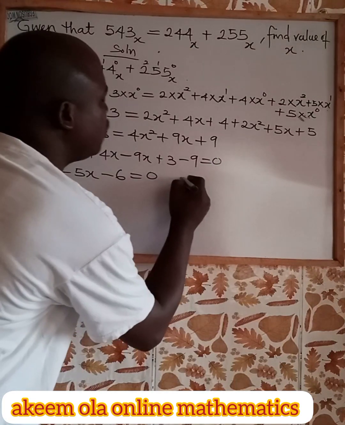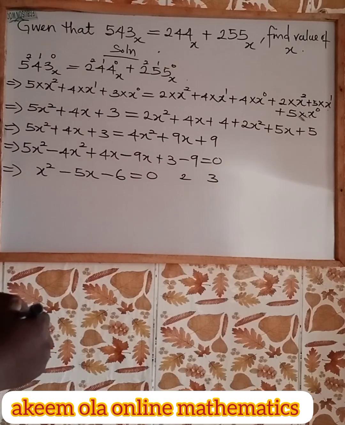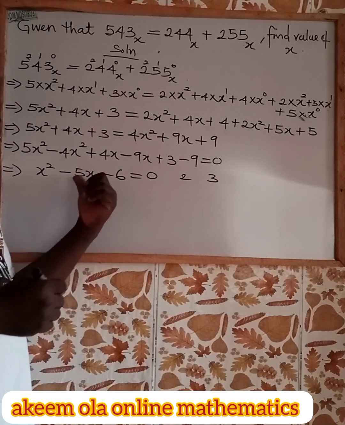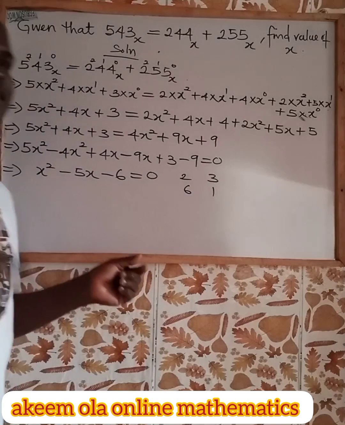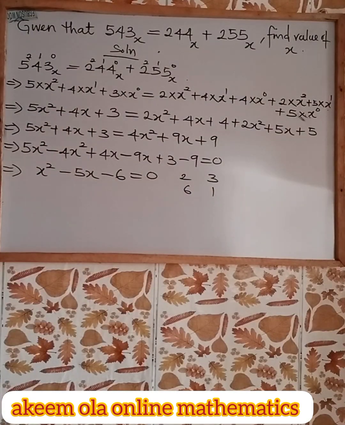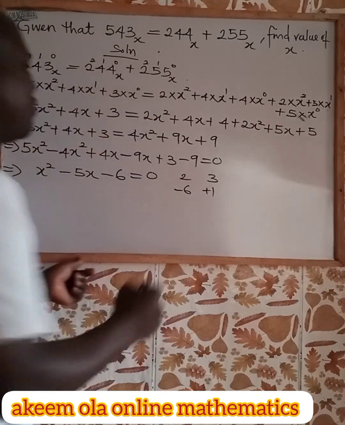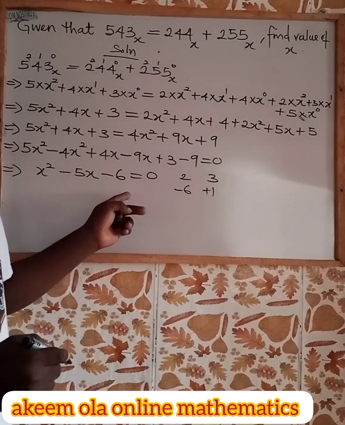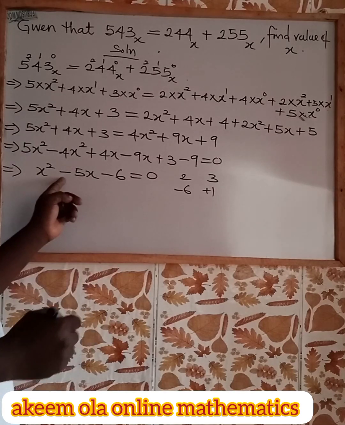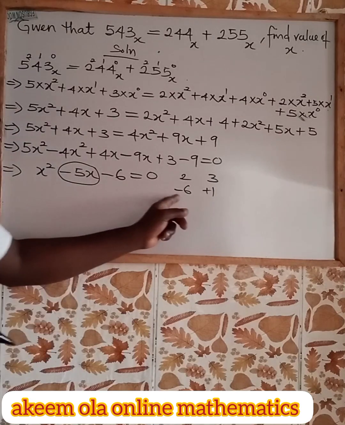If you consider 2 and 3, it will not be equal to minus 5. If you consider 6 and 1, I think 6 and 1 will give us the answer. If I write minus 6 plus 1, when you multiply it together, it will surely give us minus 6. And when you add it together, it will give you minus 5.